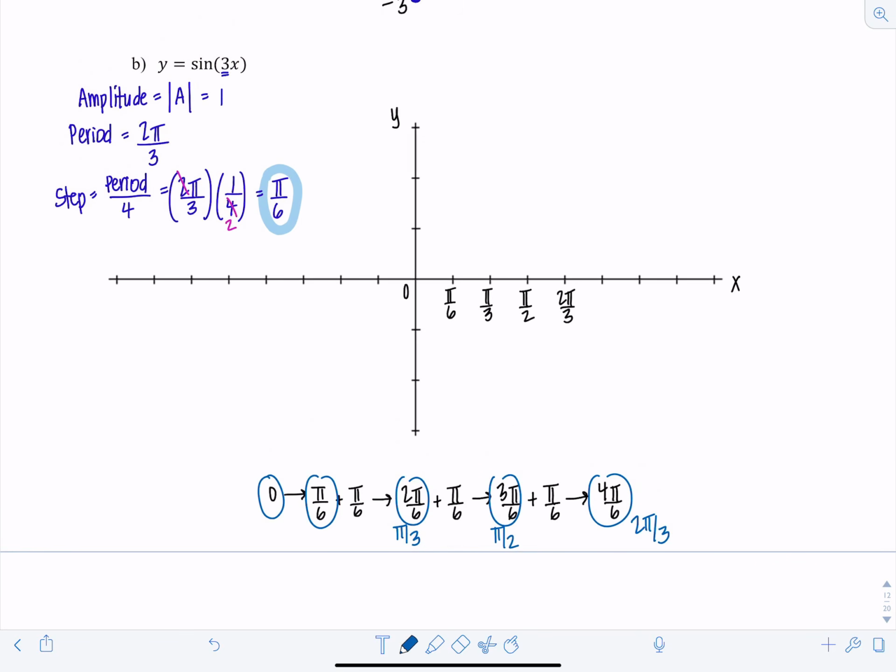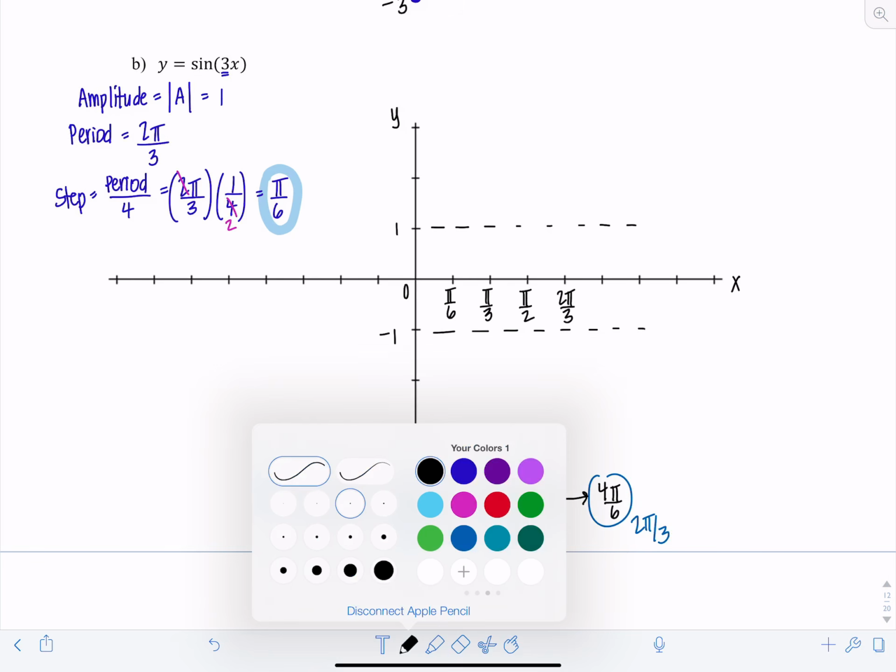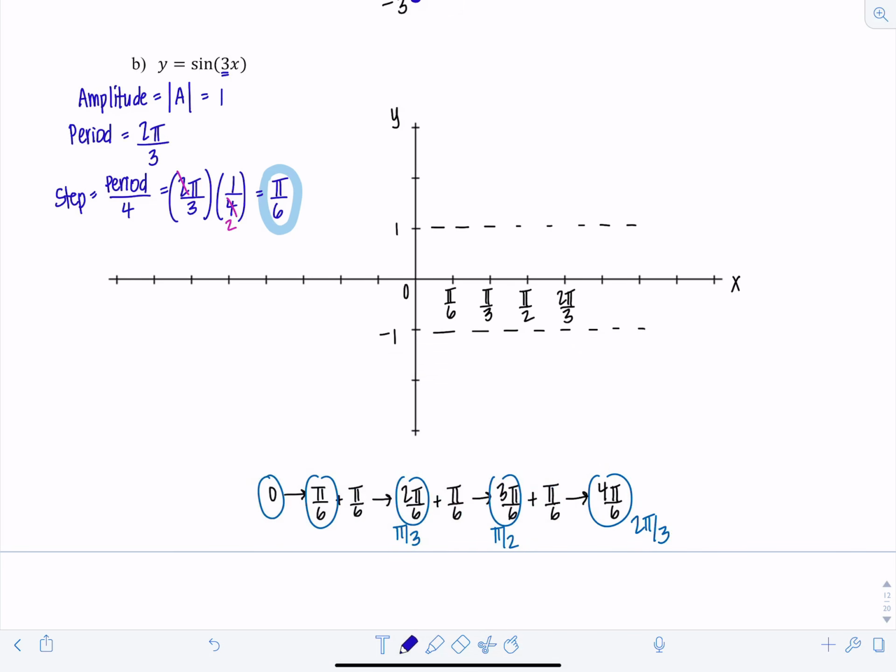All right, now in this case, the amplitude's just 1. So here's +1, here's -1. If you want to draw some dashed lines, go for it. The graph lives in there. And then just check. So in this case, we're graphing sine. So at 0, sine starts at 0. And then there's been no reflection, so it's just going to go up, back to 0, down, back to 0.